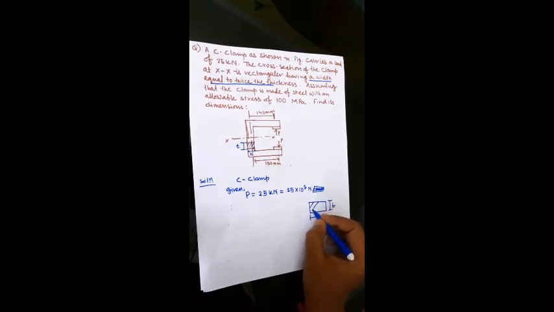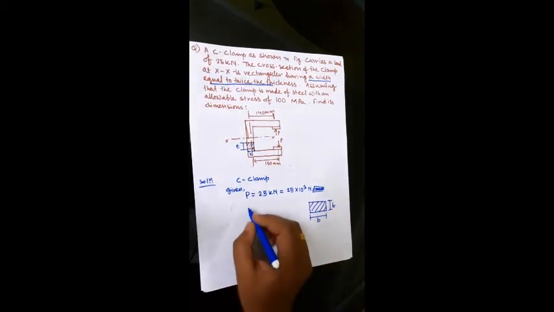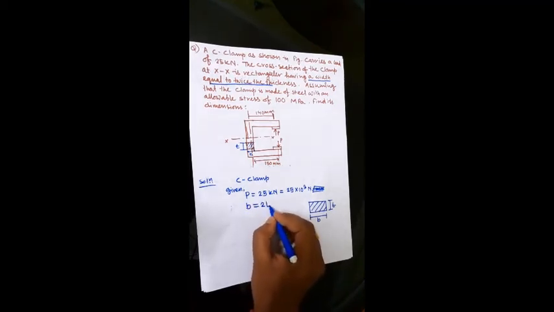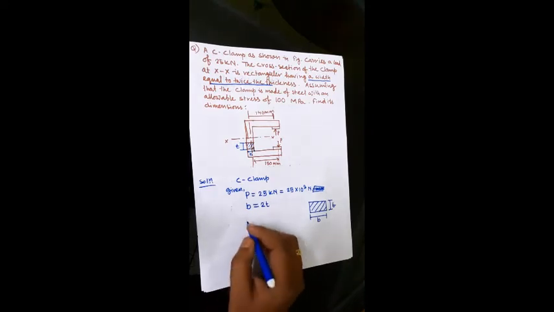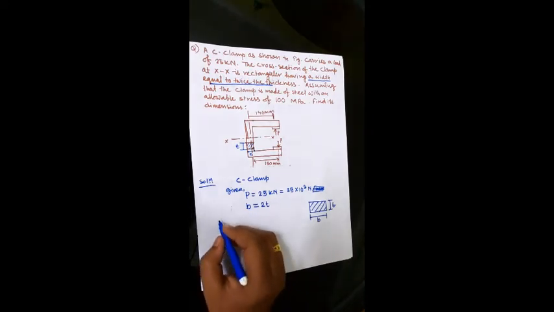T is your thickness, and this cross section has the relation b is equal to 2t, that is given.